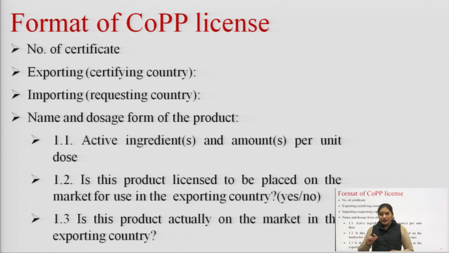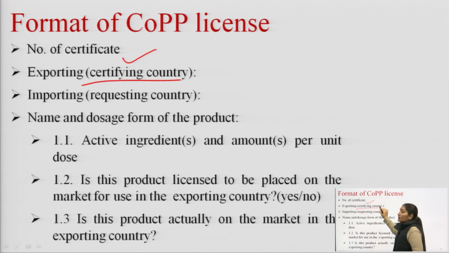Okay. Next, coming to the format of the COPP license. So, what are the criteria or what are the features that are mentioned in the COPP license? What is the format of the COPP license? The format of the COPP license includes, first, the number of the certificate, second, the exporting country or certifying country.